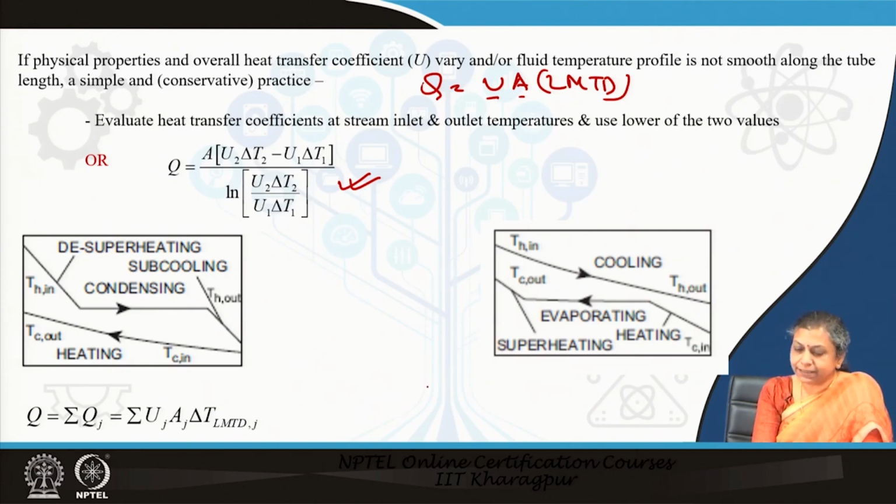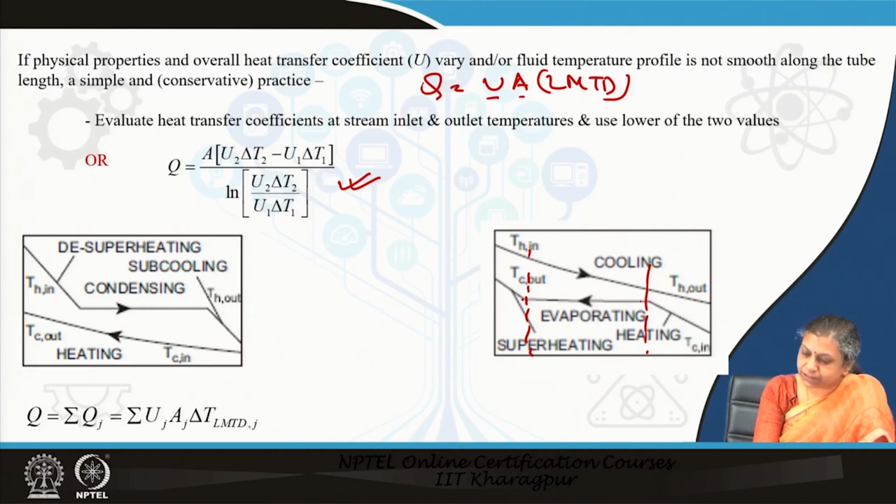Same thing. In this case, what we do is we divide this into a number of sections. Once we have divided into sections, for this particular section you can evaluate delta T LMTD. Once you can evaluate delta T LMTD, you can find out the area for this region. This particular region you can evaluate delta T LMTD.